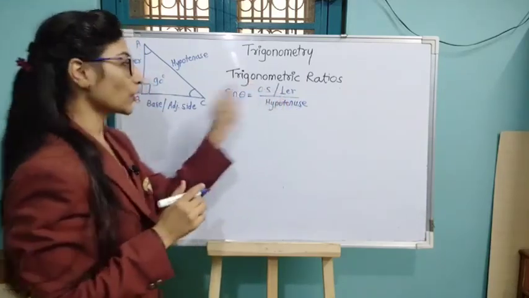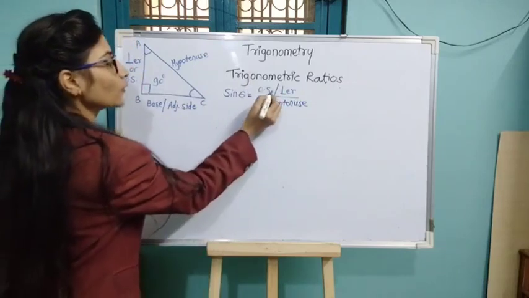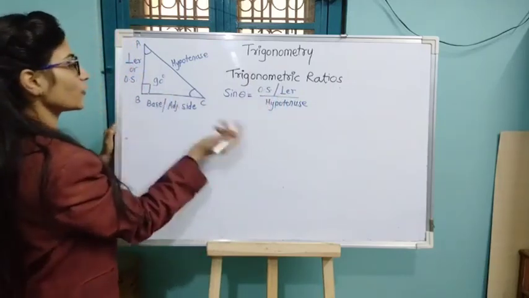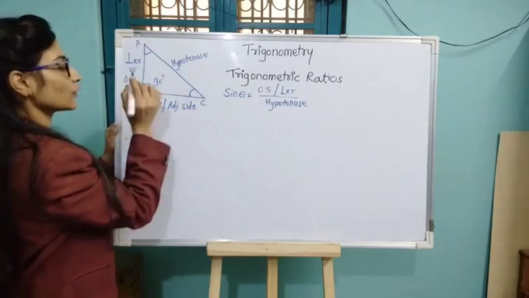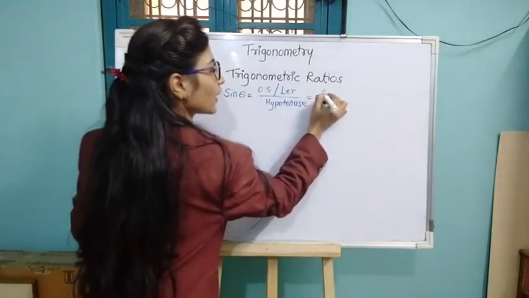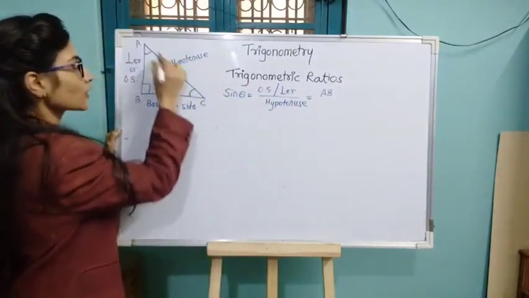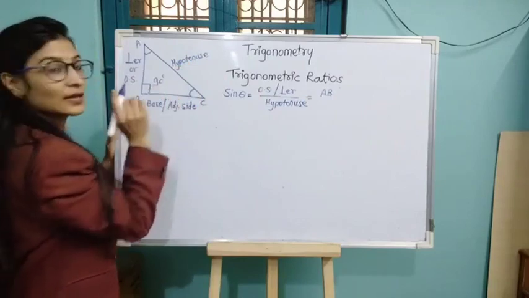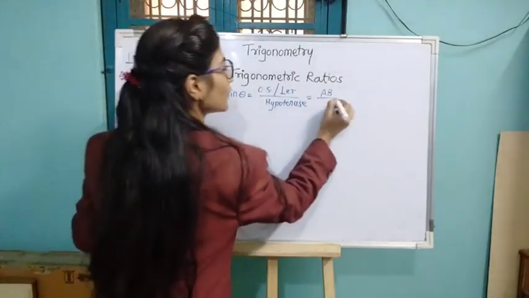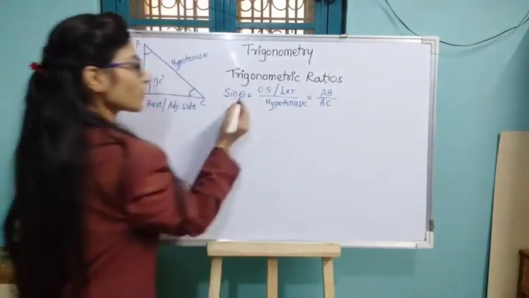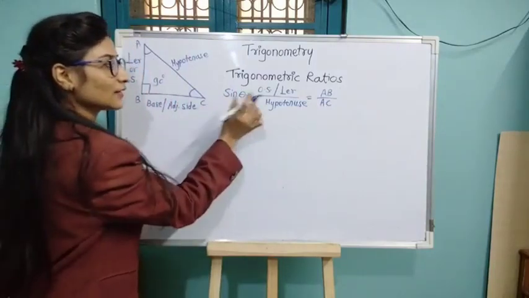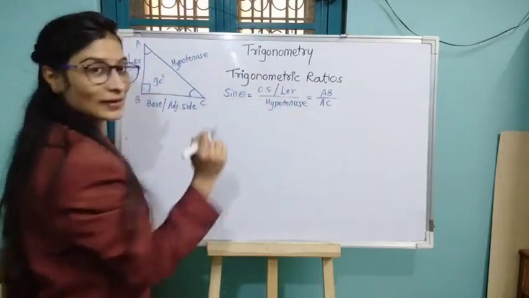Both are the same. So for angle C, the opposite side or perpendicular is AB, and the hypotenuse is the side against the 90 degree angle, so that is AC. In this way we got sin theta equal to AB upon AC.